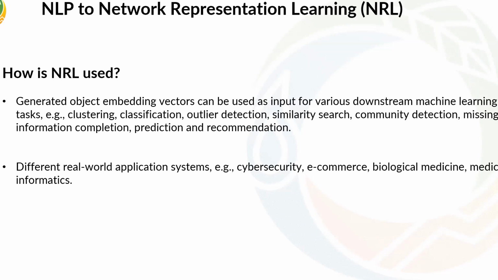Some people would also think these different downstream machine learning tasks are the applications of network representation learning techniques, because you need to input those vectors into some task to get final results. The other point is that a lot of real-world application systems have used network representation learning in the domains of cybersecurity, biological medicine, e-commerce, and so on.